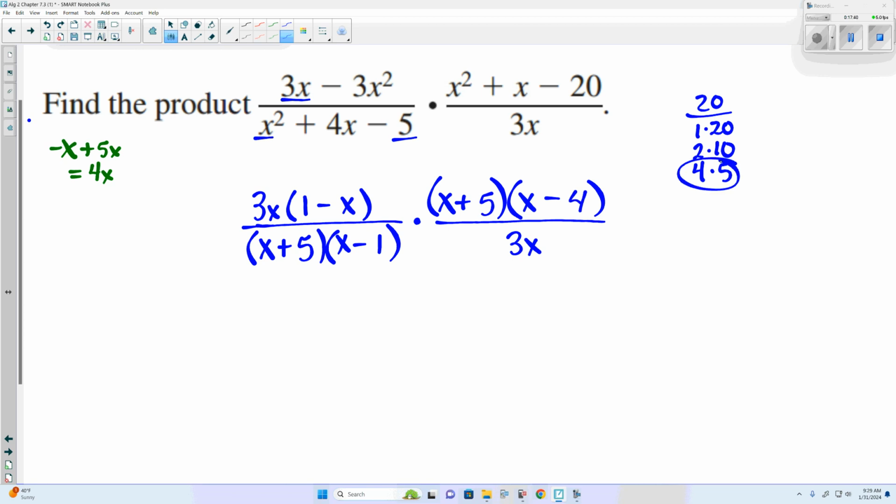And one of the reasons we pick it, because again, we can get one of them to match up, the x plus 5 and x plus 5. Really, that's the only one that matches up without using 1 and 20. And there's a good chance that's not going to give us a middle term of x. And again, off to the side, we can say x times negative 4, negative 4x. 5 times x is plus 5x. 5 minus 4 does give us a positive 1.